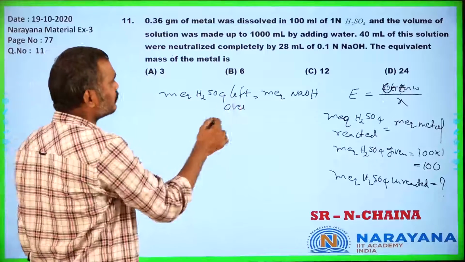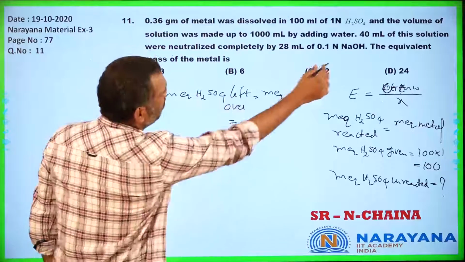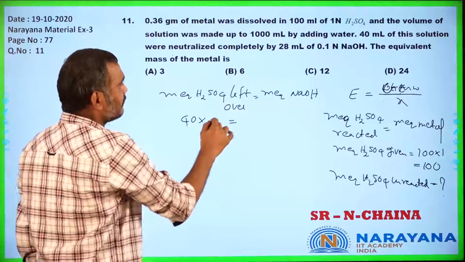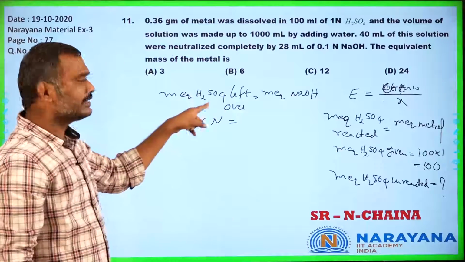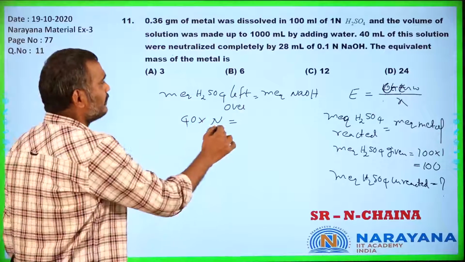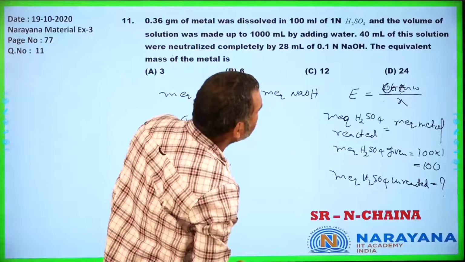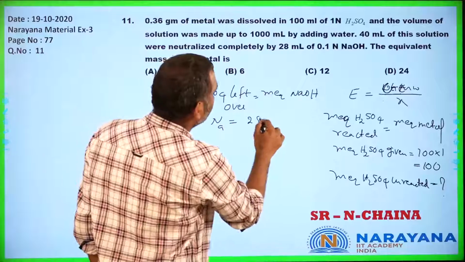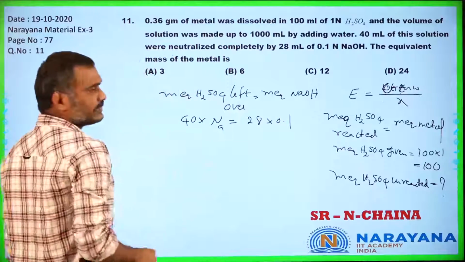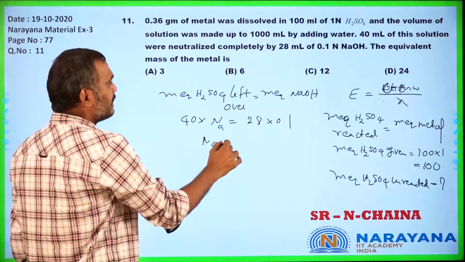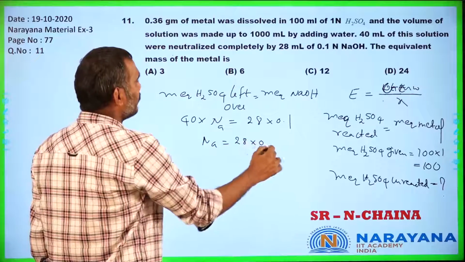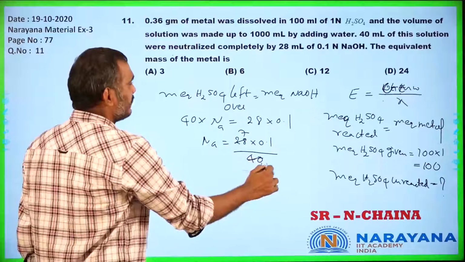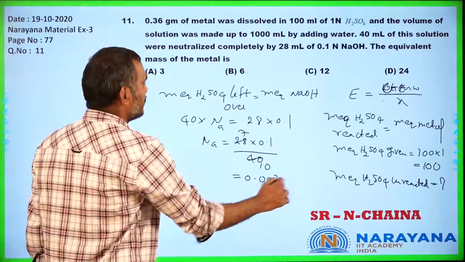So milli equivalence of H2SO4 leftover, how much are you taking? 40 ml into the normality, which I don't know. Milli equivalence of the leftover acid, that is volume into normality, is equal to milli equivalence of sodium hydroxide taken, 28 into 0.1. Yes or no? Now normality of the acid is equal to 28 into 0.1 by 40, which is equal to 0.07.